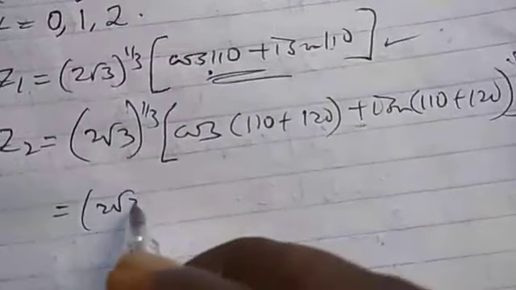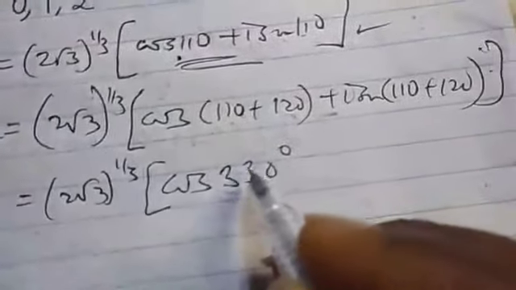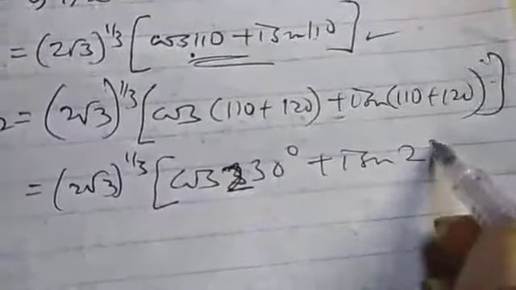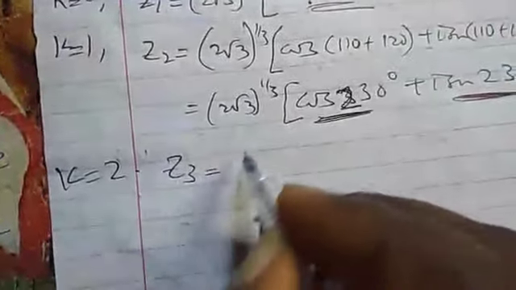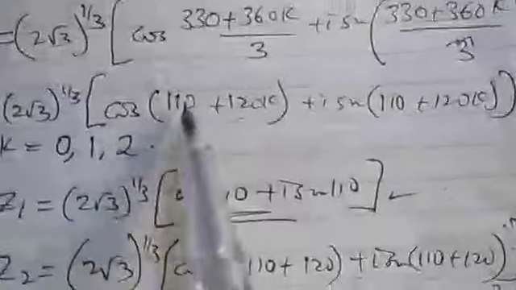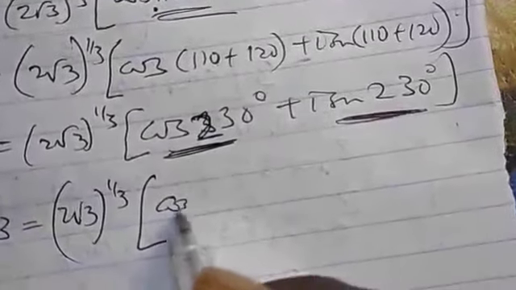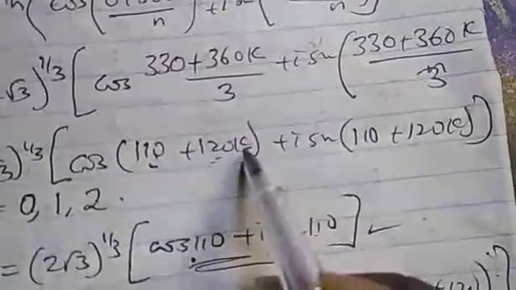So this is 2 root 3 to the 1 over 3, and 110 plus 120 is 230, so cos 230 plus i sin 230. We find this from our calculator to finish it. And finally, when k is 2, z3 will be 2 root 3 raised to power 1 over 3 into, this is what we are using, cos of 110 plus 120k. k is 2 now, that is 120 times 2.